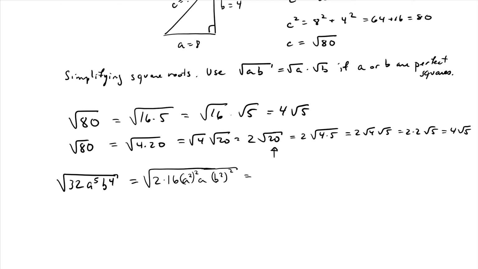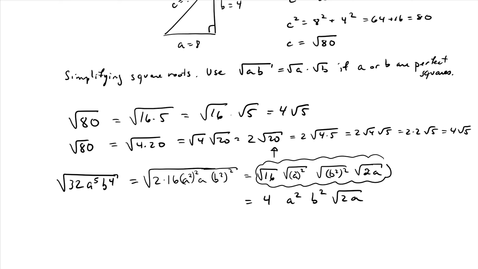Overall I can write root of 16, a squared squared, and the b squared squared, each square rooted, and finally I'll be left with root of 2a, and 2 and a are not perfect squares. So this is going to be 4a squared b squared root of 2a. Obviously this step can be skipped once you get comfortable with everything. This step too, in some way.